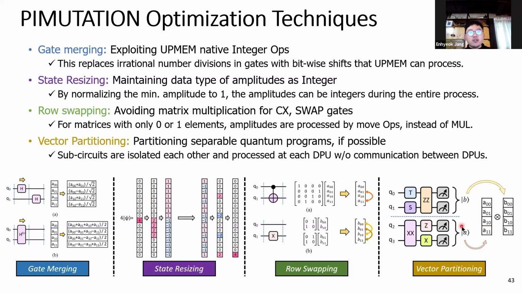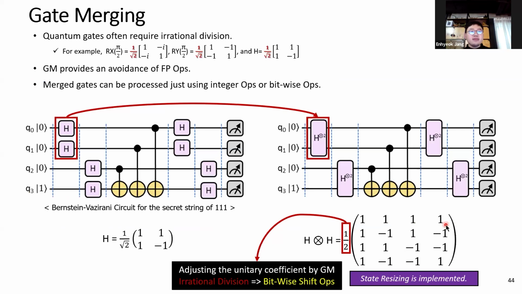If the original quantum circuit is separable, we separate it into several sub-circuits and process each on a DPU, which makes the computational process isolated. And here is the gate merging. By using merging, we can switch the irrational division operations to bitwise shift operations.